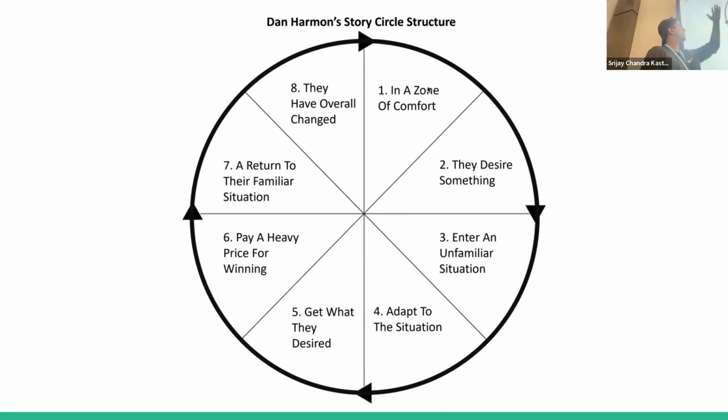Adapt. I'm not going to go too into detail, but if you're ever looking to write a story, all you do is write a sentence for each one of these parts in the story circle, and then you can flesh that out into a full story, and you have everything you need. So that is how we construct a story.